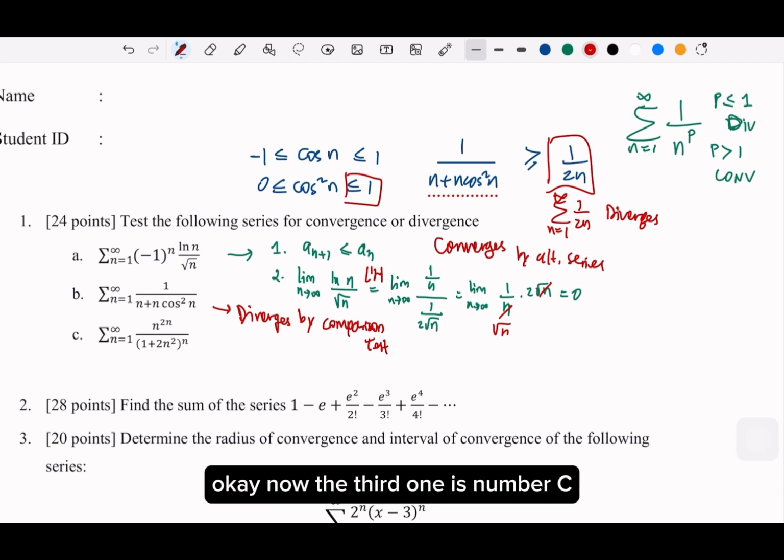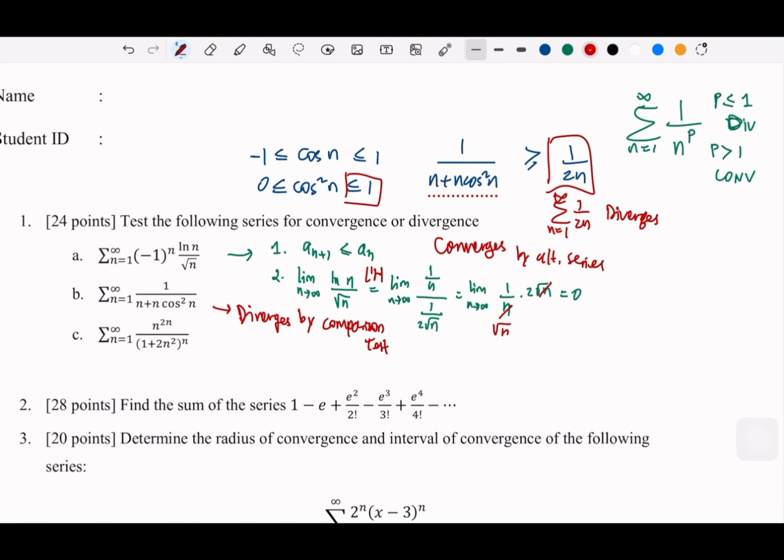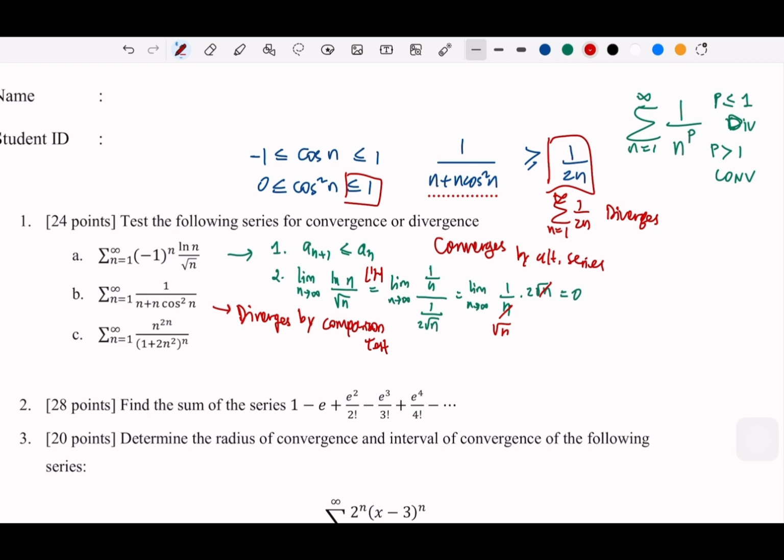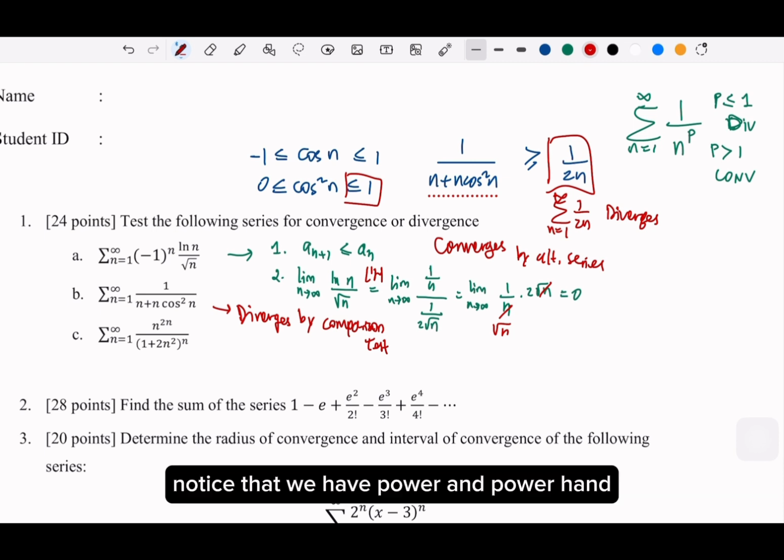Okay. Now the third one, number C. We have something n to the power of 2n. We have 1 plus 2n squared, to the power of 2n. Right? Okay. Notice that we have a power n, which should automatically direct us to the root test.